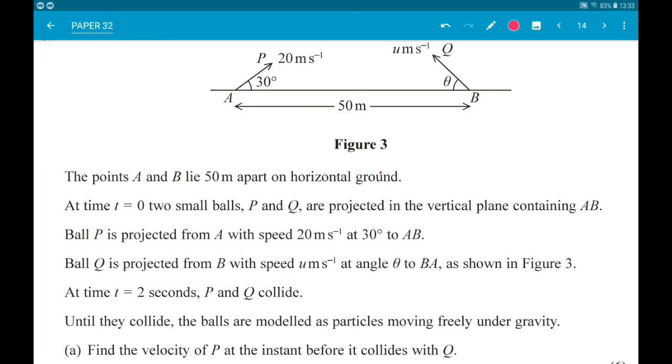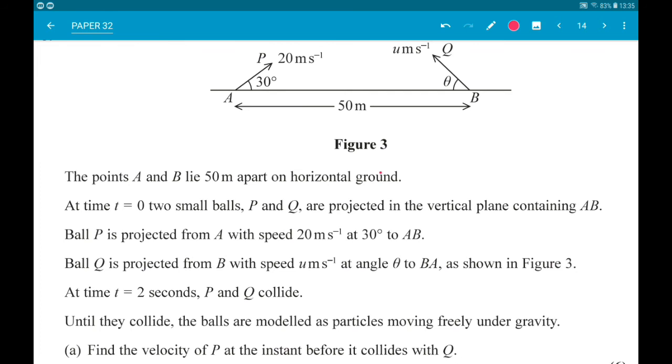At time t equals 0, 2 small balls P and Q are projected in the vertical plane containing A, B. Ball P is projected with an initial speed of 20 meters per second at an angle of 30 degrees to A, B. Ball Q is projected with initial speed u meters per second at an angle of theta to B, A. At time t equals 2, the balls collide.